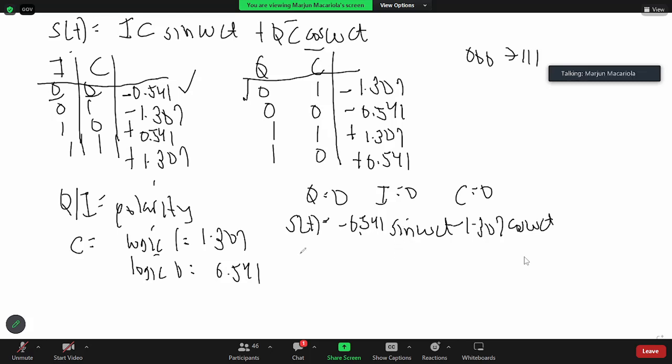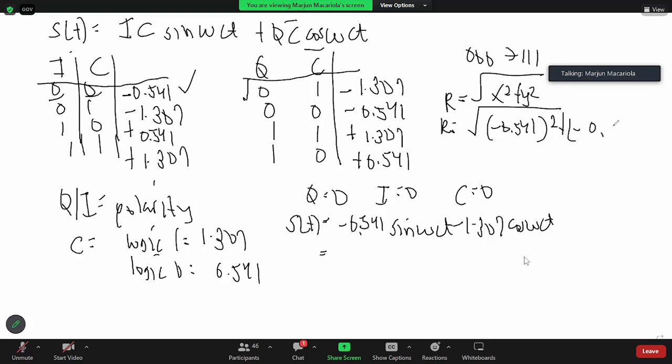Yes po. Okay. Then, again, we're going to find the value of R. The value of R is the square root of x squared plus y squared. R is equal to the square root of negative 0.541 squared plus negative 1.307 squared.